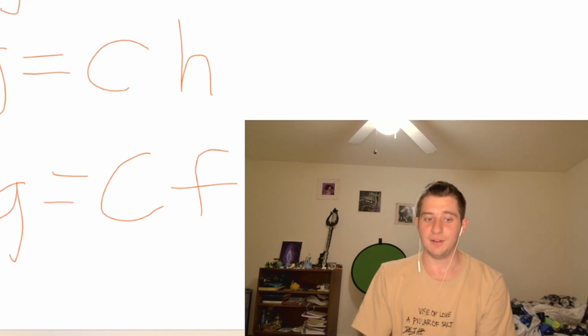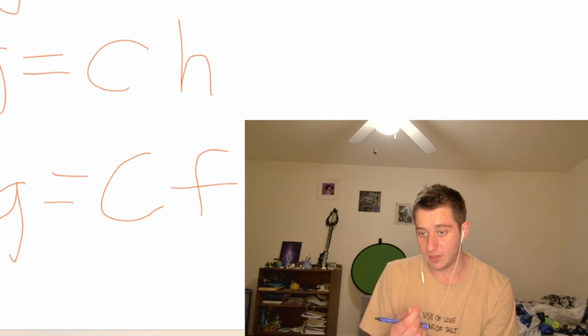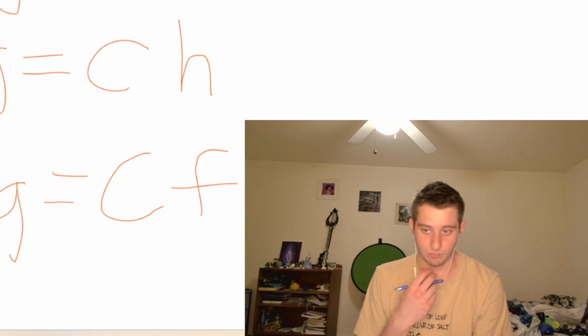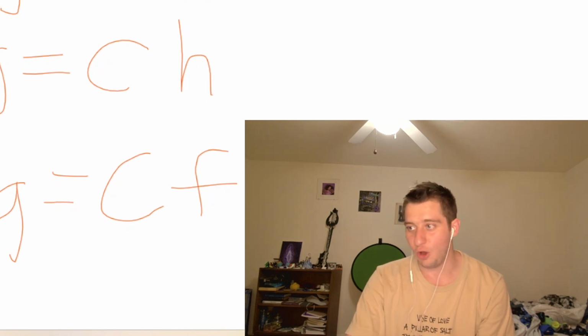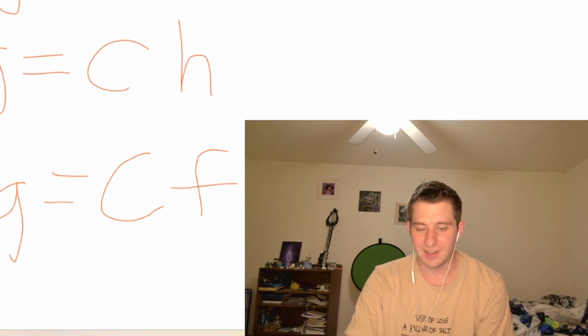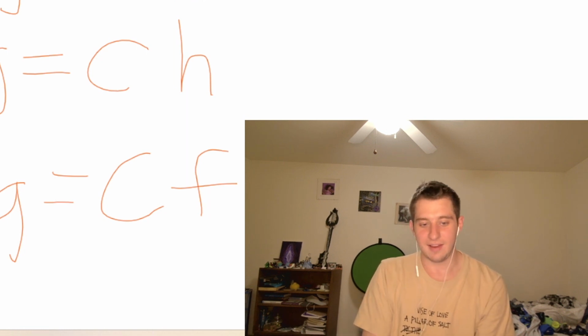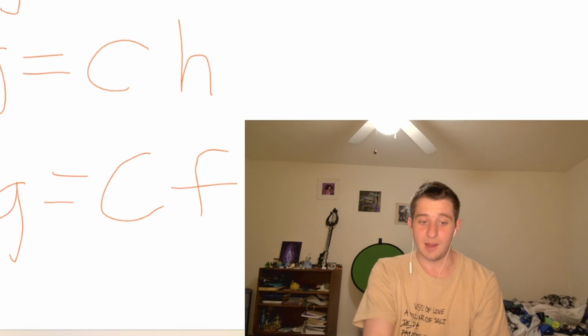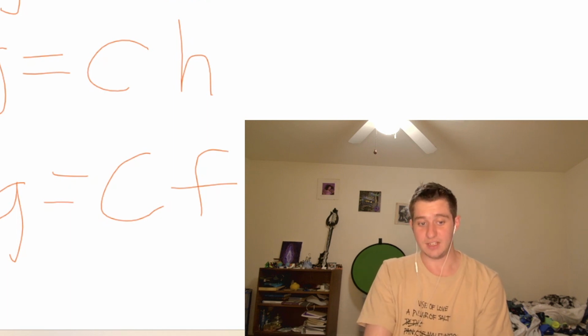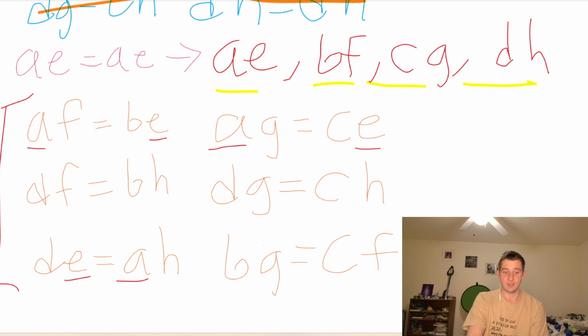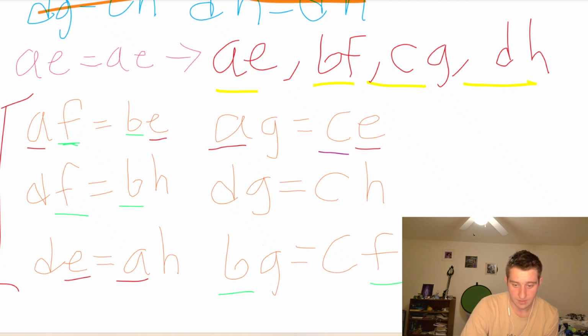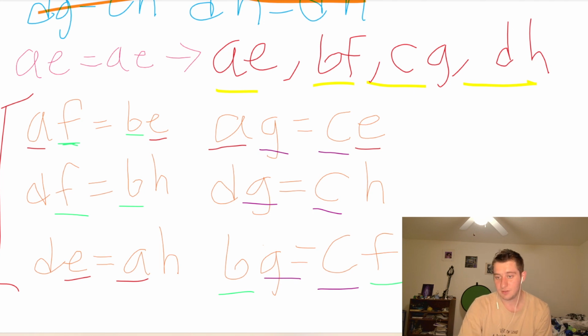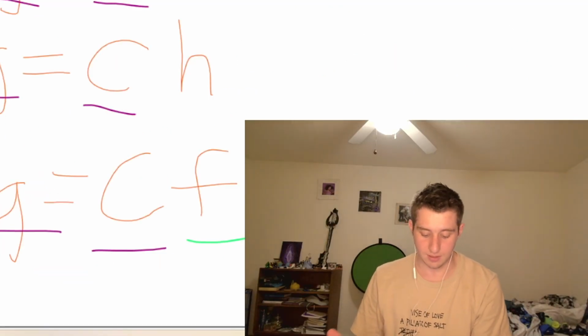This isn't set up by chance. You can't find any A's without an E. Likewise, you can't find an F without a B, you can't find a C without a G, and then D and H. They're all fundamental pairs. You know what I mean?